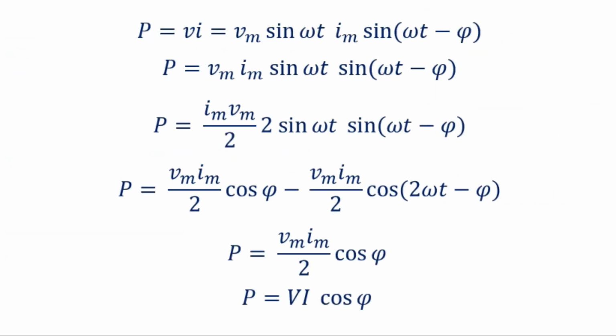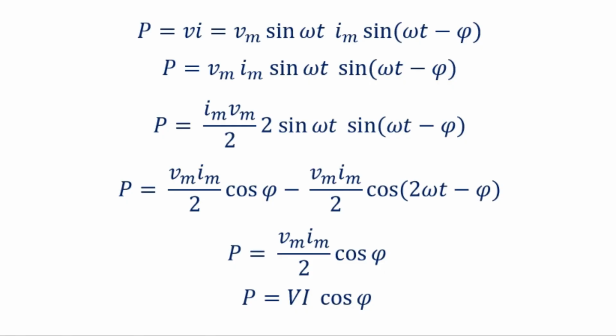Power P equals the product of voltage and current, which equals Vm sin omega t into Im sin of omega t minus phi. Now here also we can multiply with 2 and divide with 2. Then we can write this expression as Vm into Im by 2 cos phi minus Vm into Im by 2 cos of 2 omega t minus phi.